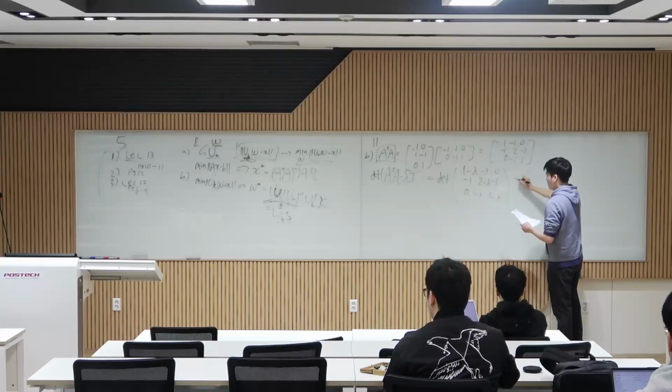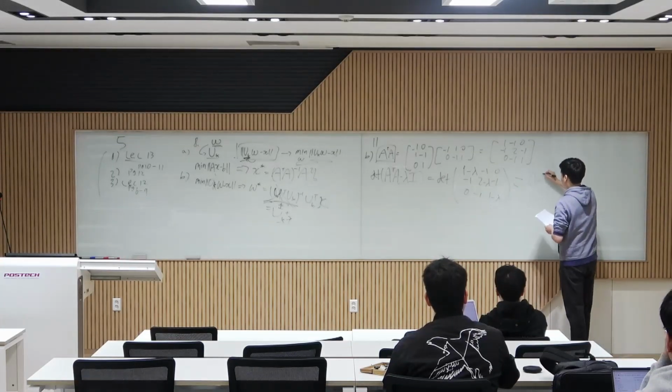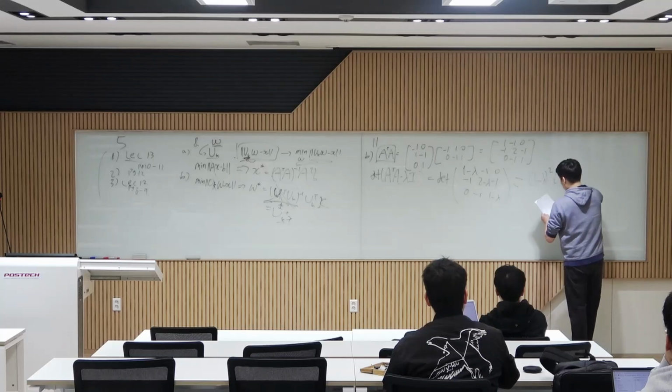And if you solve this determinant problem, we can get 1 minus lambda squared, 2 minus lambda.